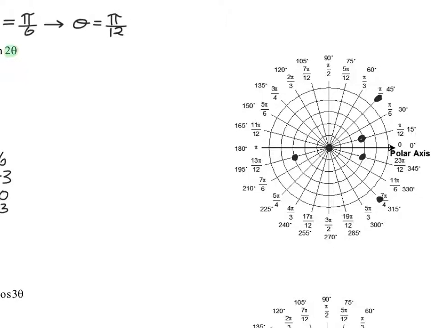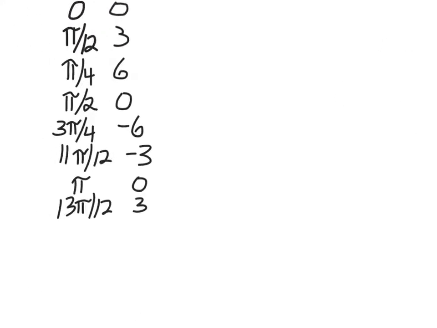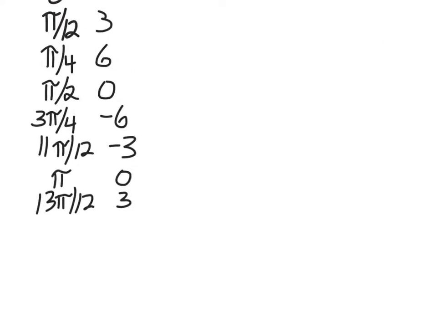5 pi over 12. 5 pi over 12. Right, so actually we can get 5 pi over 4 in there before. So we can get 5 pi over 4. We could also get 3 pi over 2 because that would be clean.